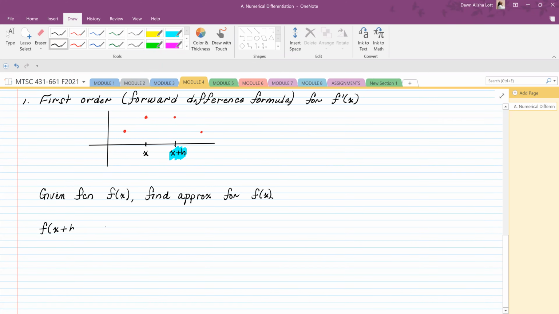So it's called central difference because the derivative is at x, and the points that I'm using around it make x centrally located.